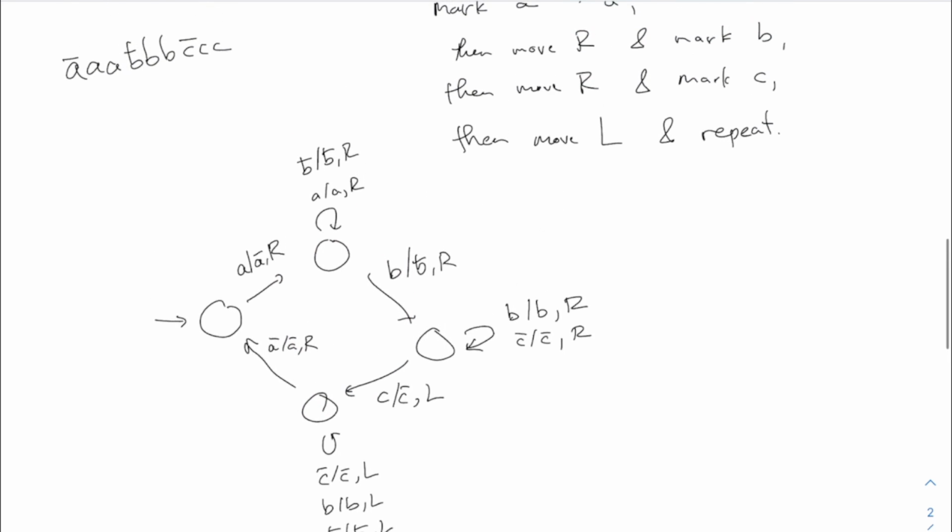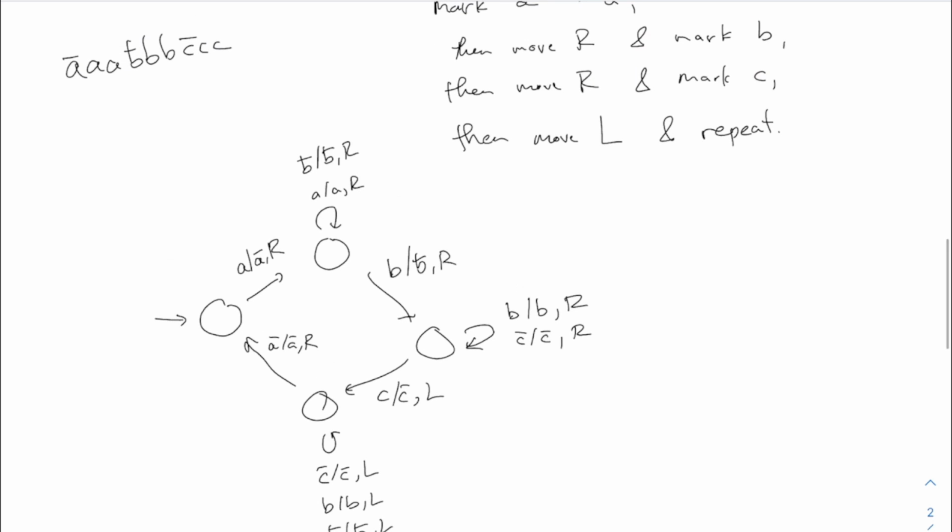You have to think about what it will look like after everything is marked. You go through this, you see an A bar, you move 1 step to the right. What will you be looking at if everything has been marked off? Another A bar? A B bar? I think it's a B bar.